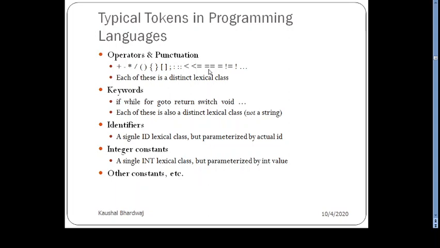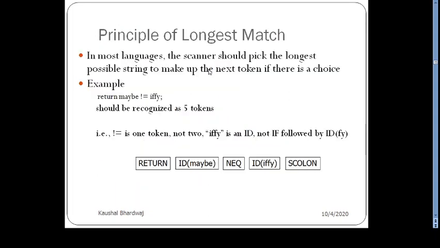So the int lexical class means integer values that you define will be considered as one token. Other kinds of constants, maybe float or other things, and characters, can also be considered as tokens. So all these things are tokens.